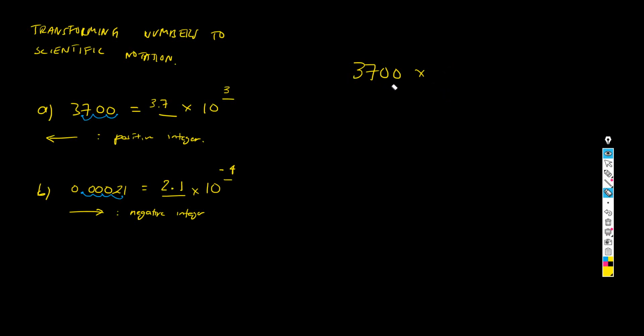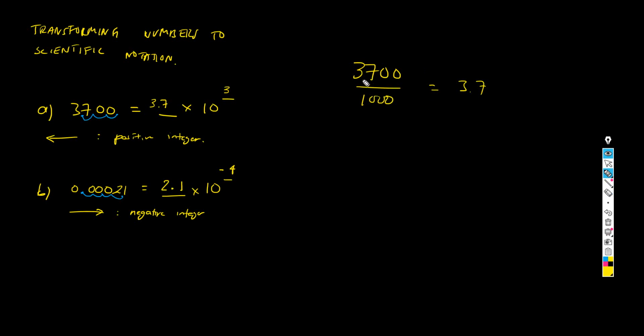You have this number, and as you know, when we divide this number over 1,000, we're going to get a number, which in this case is 3.7. If I divide this over 1,000, we know that we will get 3.7. Is that right? I think we understand that since primary school.